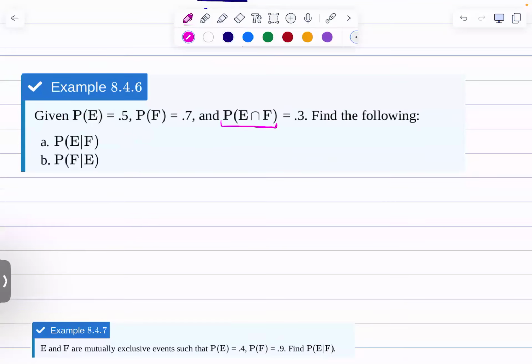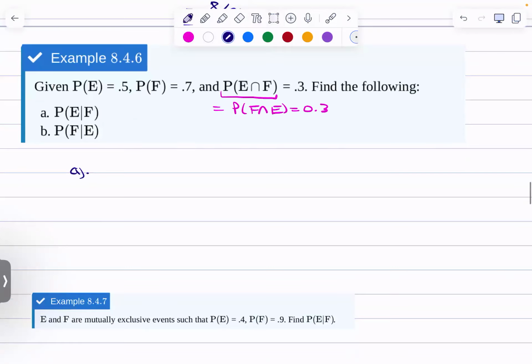Just remember, the only thing that might trip us up here is that the probability of E and F is the same as the probability of F and E, 0.3 or 0.3. I can tell that we're going to need that. But knowing this information, we don't have to do any work. Well, some work, but not compared to what we were doing.